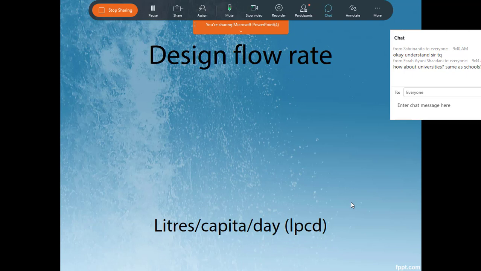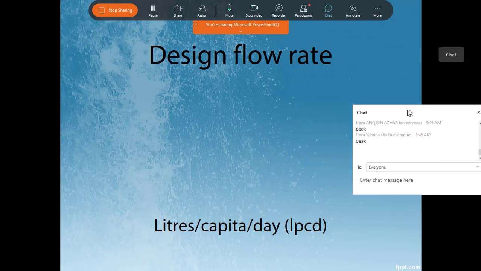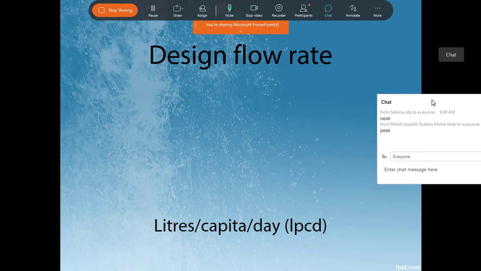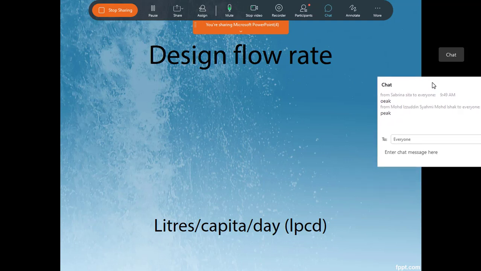What do you think? When we estimate the flow rates, when we make a design of the wastewater treatment plants, the sewer lines, should we consider the peak or the average? I expect that all of you will say the peak, and that's right, but not always.